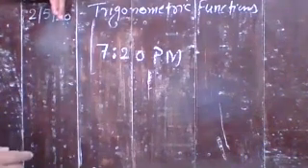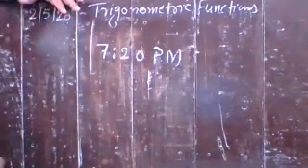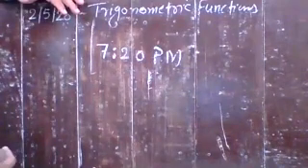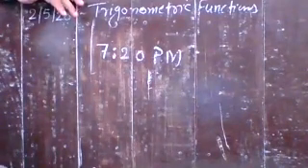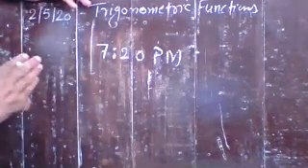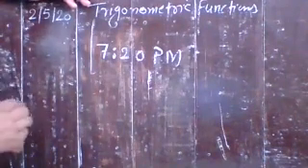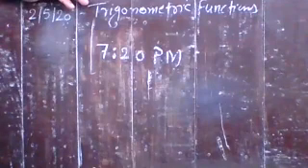How do you find it? First of all, you find the total rotation of our hands at 7:20, that is, in 7 hours 20 minutes, starting from 12 o'clock. First you find it.